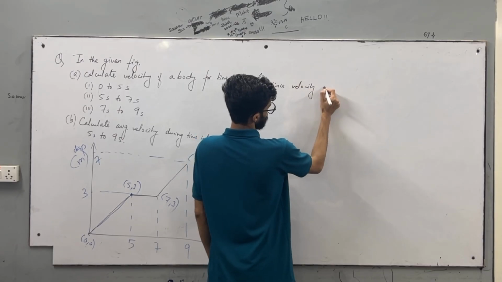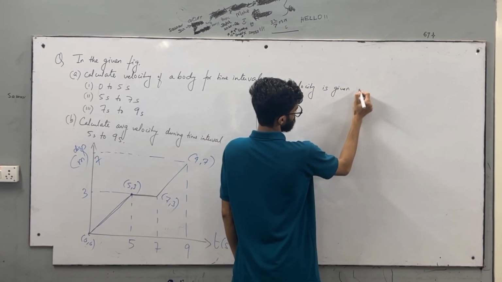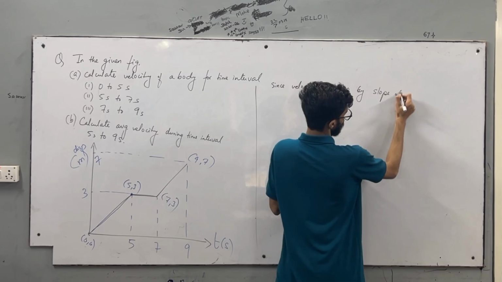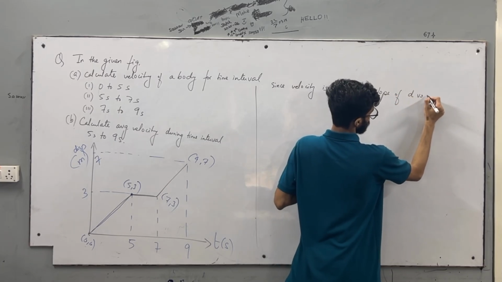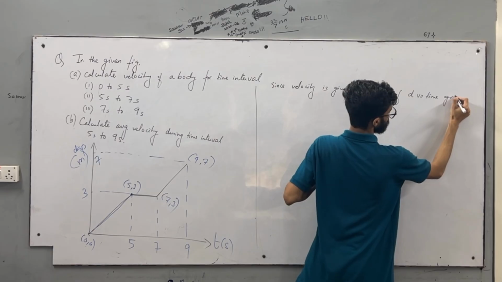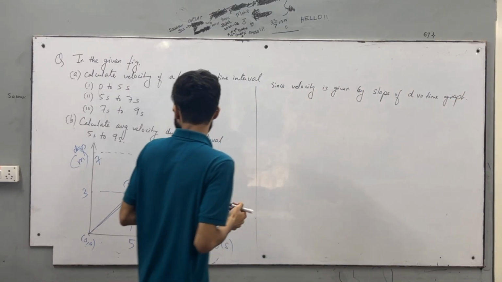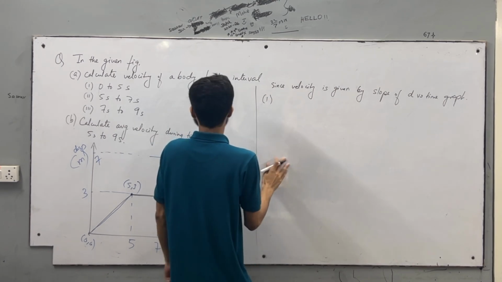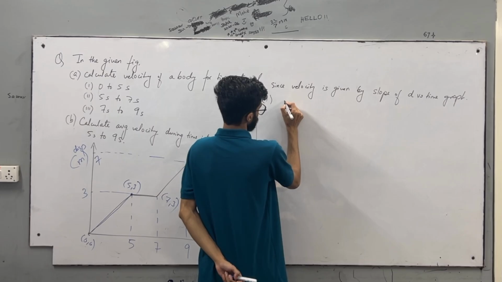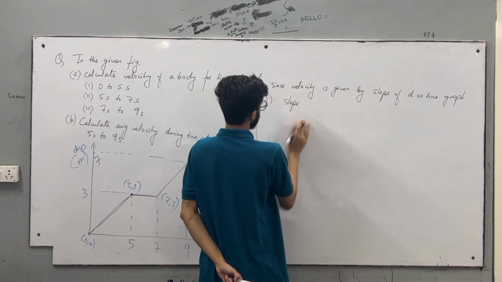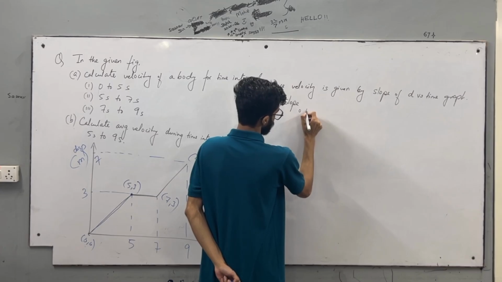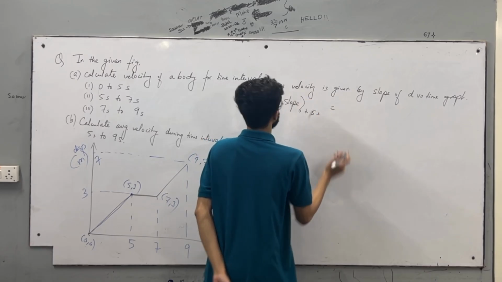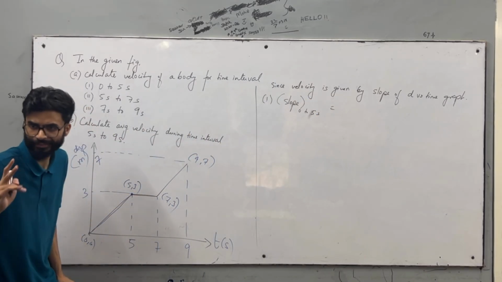Now, since velocity is given by slope of displacement versus time graph, I can say कि for first slope from 0 to 5 seconds will be y2 minus y1 upon x2 minus x1.